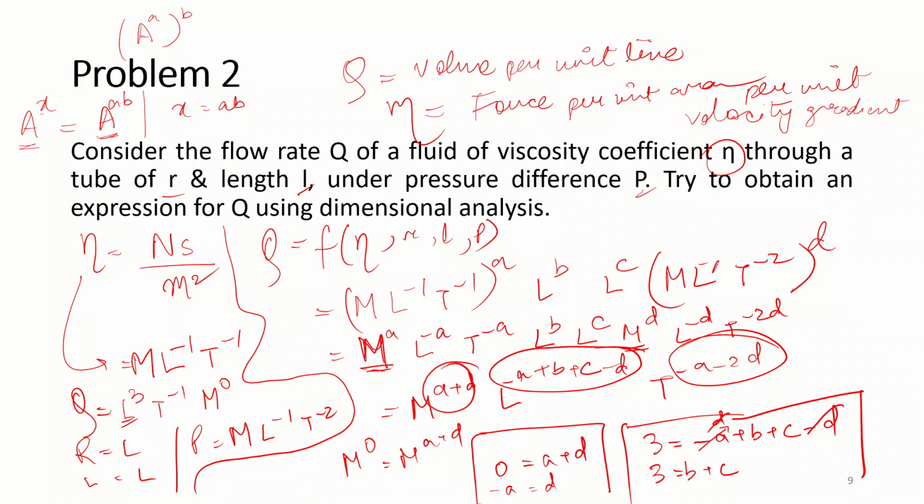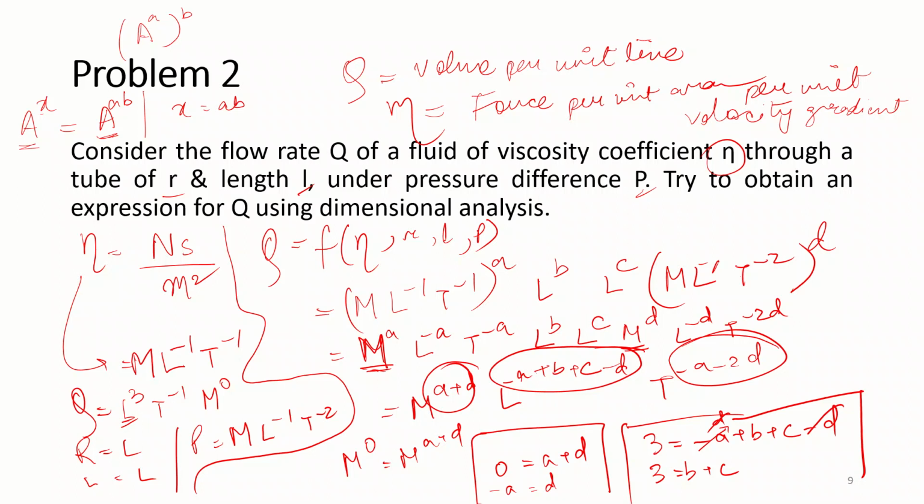While equating LHS equal to RHS, we have written on the left hand side M is M0 L3 T minus 1. And while comparing from the right hand side, M has power a plus d. Because we know that M is equal to 0 on LHS, that is why we have put a plus d equal to 0.